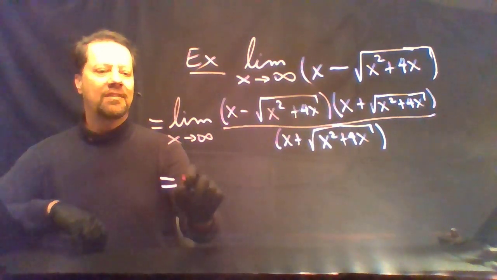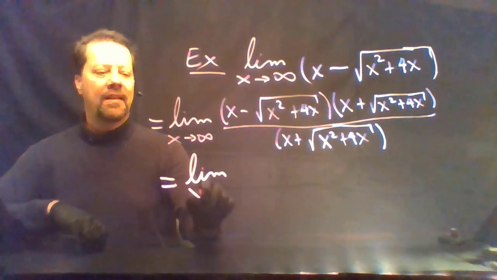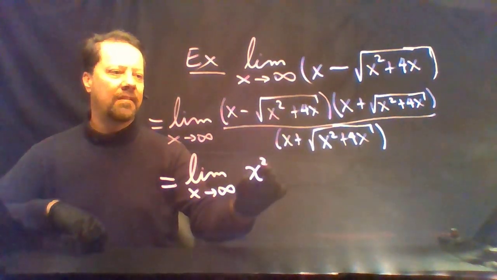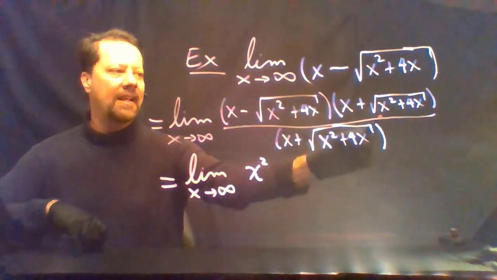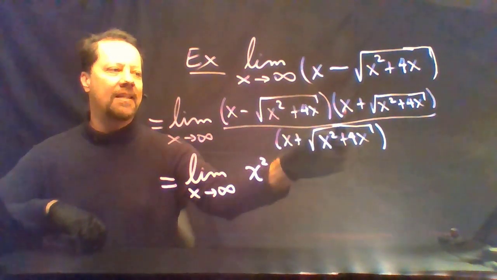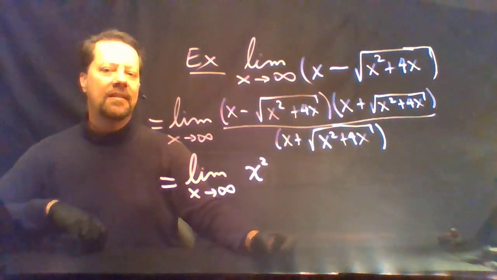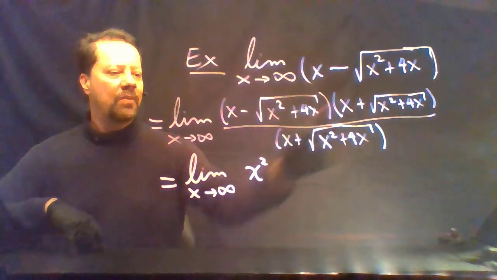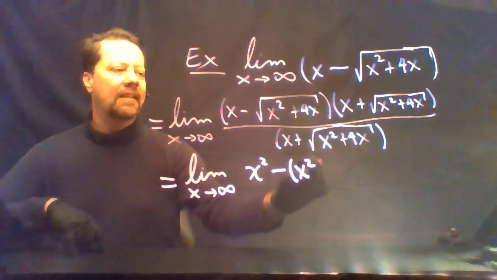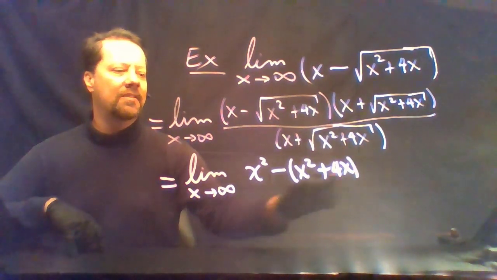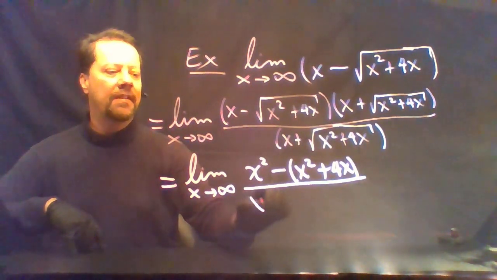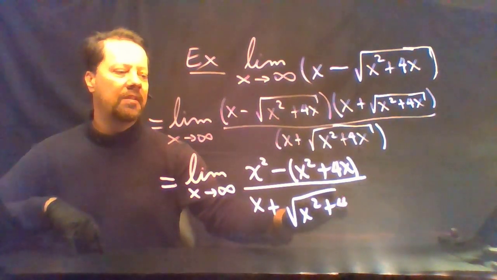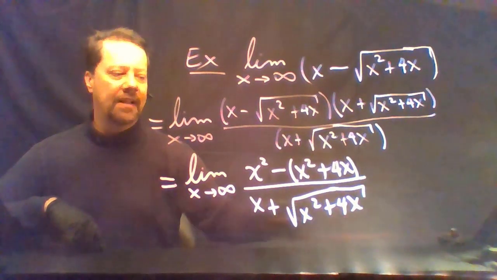Multiplying this out, we get the limit as x goes to infinity of x squared. We'll have a plus x times the square root and a minus x times the square root. The last and the inner products cancel. We'll have minus x squared plus 4x all over x plus the square root of x squared plus 4x.